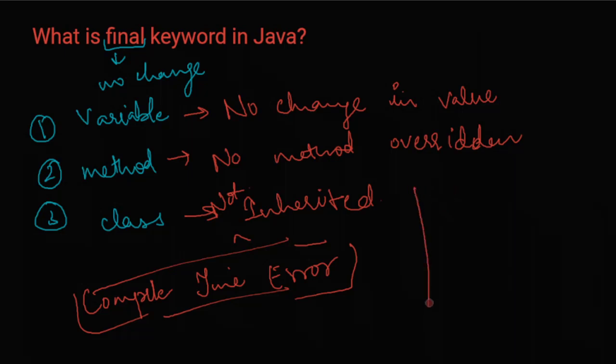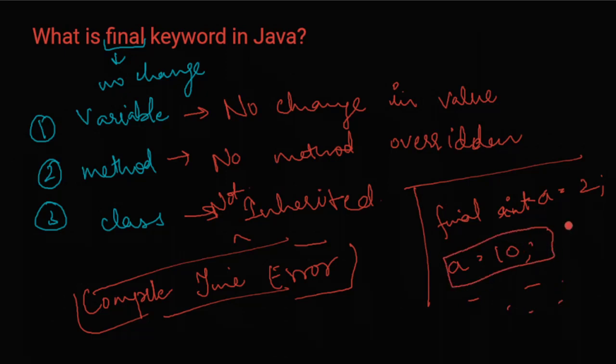Mostly in aptitude tests you'll find a question like this: final int a is declared with some value initially, let's say 2, and then in a loop or somewhere we make a as 10. Whenever you compile, this particular line will give a compile time error. This tells us that we are violating the rule that it cannot be changed and still we are changing it.